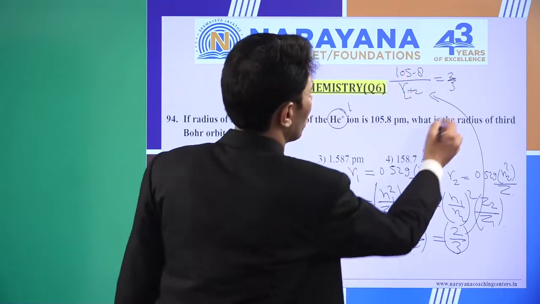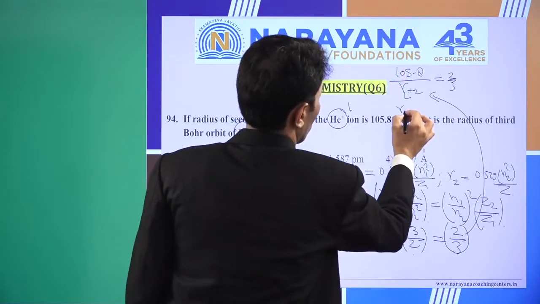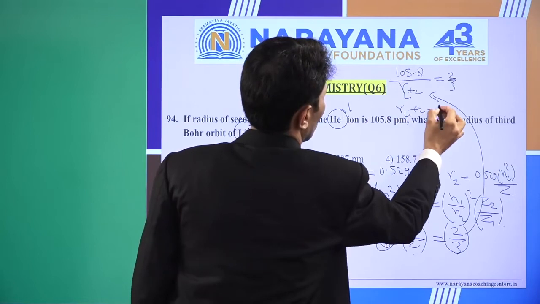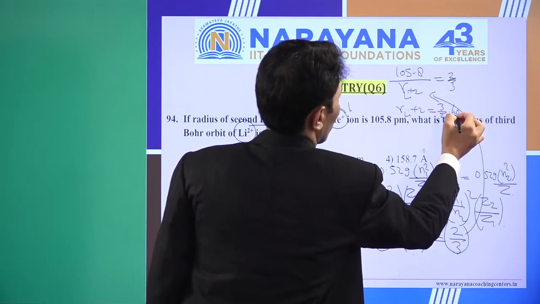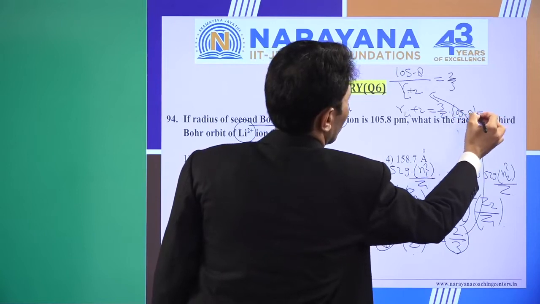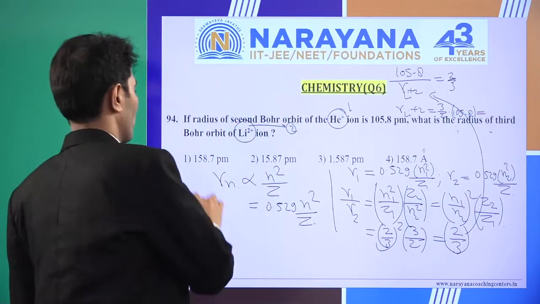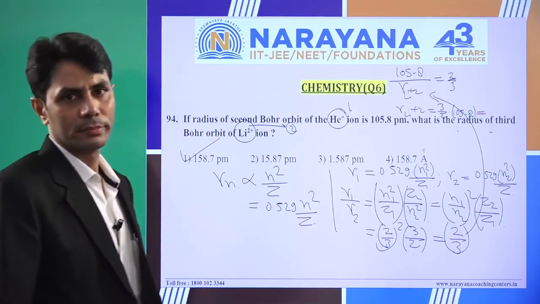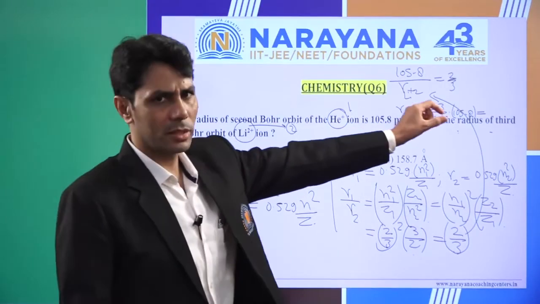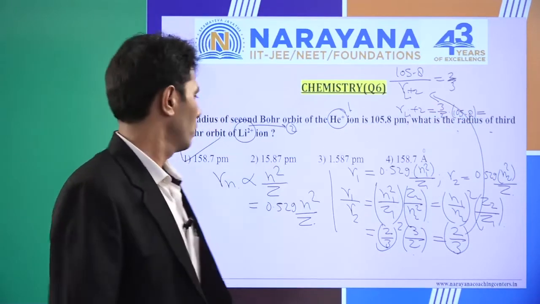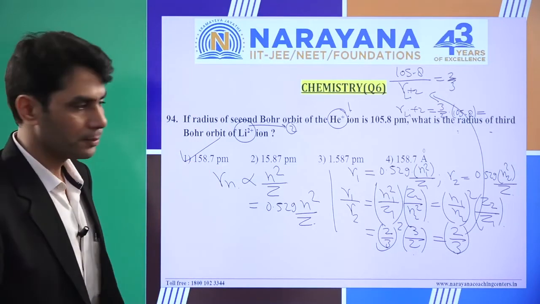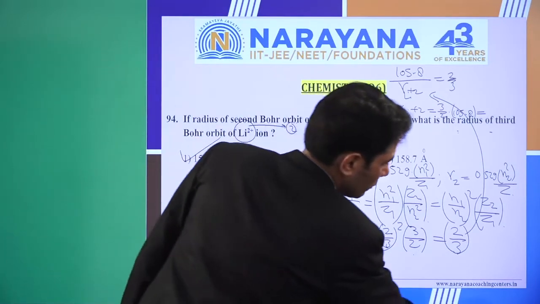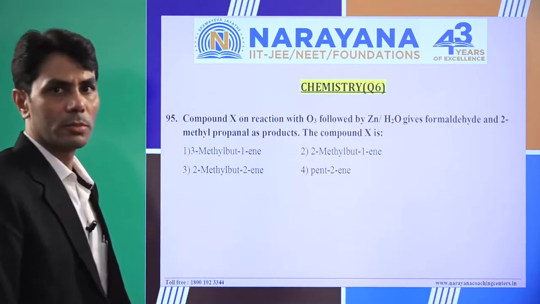So R of Li plus 2 is 3 by 2 times of 105.8. If you solve it, you will get 108.7. Directly you can make the idea: it is 1.5 times of this value, approximately. Okay. So the first option is the correct option, right? It was a directly formula based question.